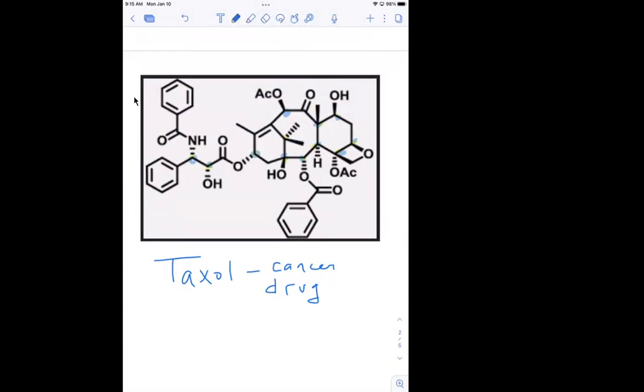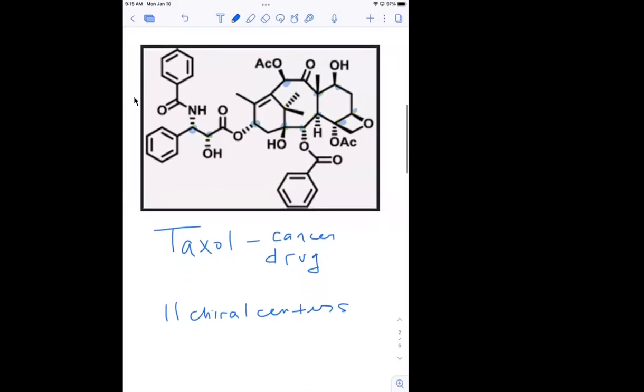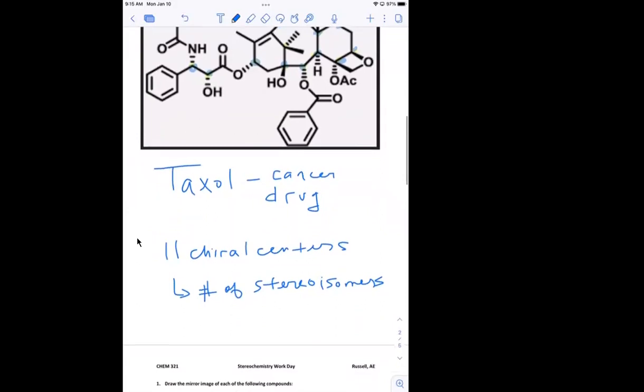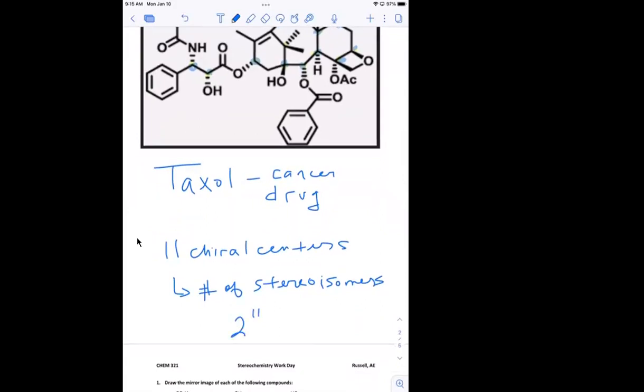So Taxol has 11 chiral centers, and those 11 chiral centers can all have different configurations. So the number of stereoisomers that you can possibly make is 2 to the 11.